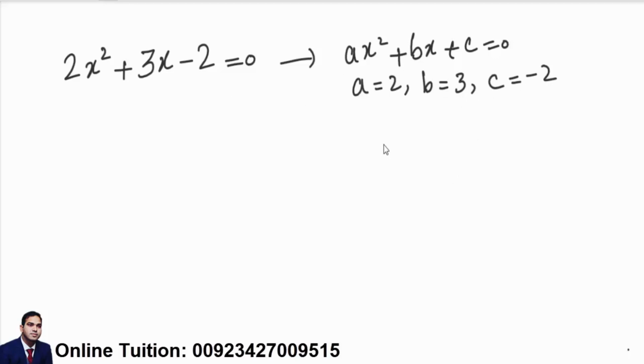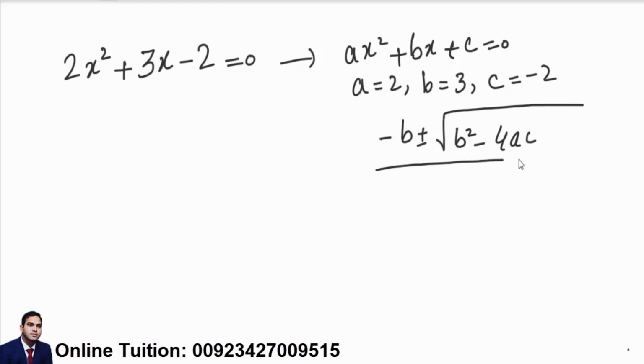So we have the quadratic formula: x is equal to negative b plus minus square root of b square negative 4ac, divided by 2a. So this is the formula. Now input these values in the formula.